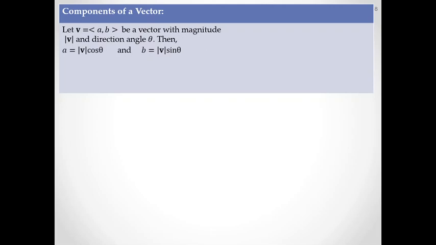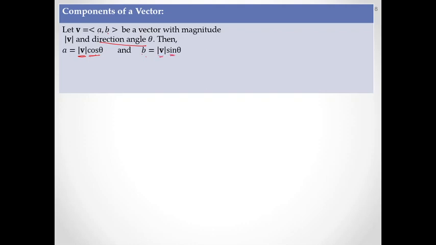Now, the relation between the direction angle and this A, B is given as A equal to the length of V, or the magnitude, times cosine theta, and B is equal to the magnitude of V times sine theta.